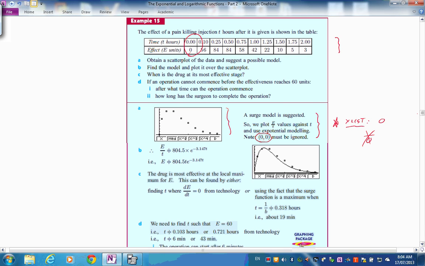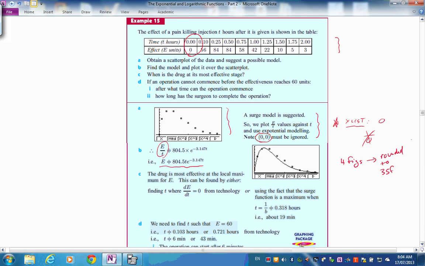So you have to delete that for this surge modelling there. Okay, so what are you going to do? You enter list 3 as list 2 over list 1, and then list 1 is X list and list 3 is Y list, and you can come up with a model here. Usually 4 figures, so that answers can be rounded to 3.